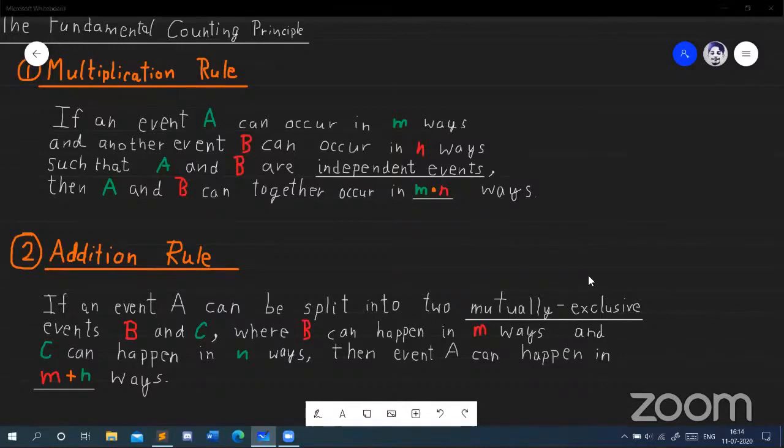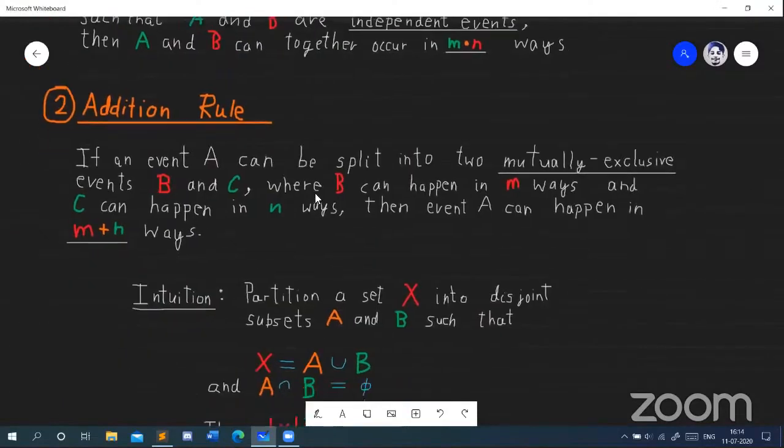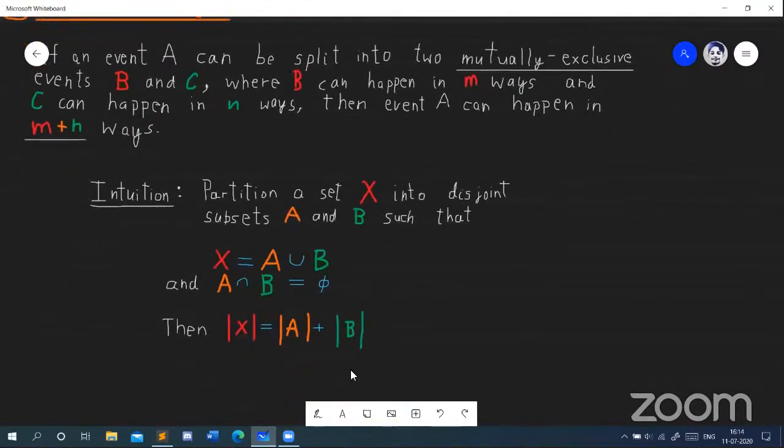All right. Now let me just quickly demonstrate this principle from set theory.